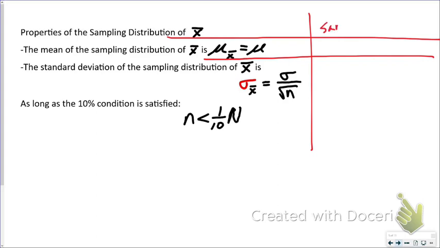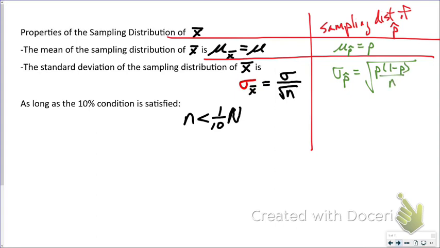So they are very similar. In the last handout, we learned that for the sampling distribution of p hat, the mean was the true proportion, and the standard deviation was the square root of the true proportion times its complement divided by n. Now that changes a little bit, and we know the mean of the means is the true mean.